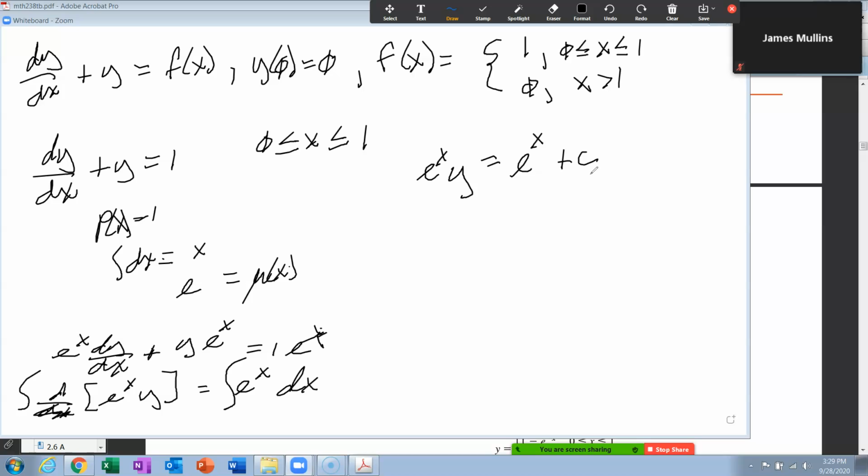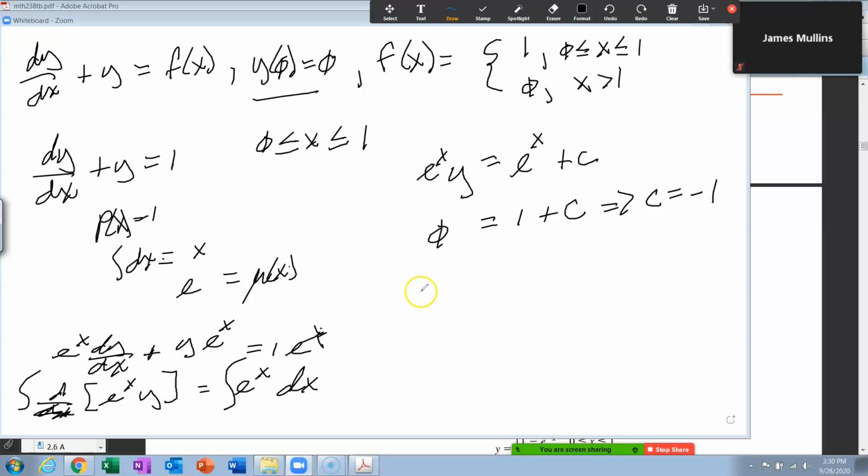This is the place you do your initial condition, put a y in for 0 and a 0 in for x, and this would be 0 on this side is equal to 1 plus c, because e to the 0 is 1. So c is equal to negative 1.